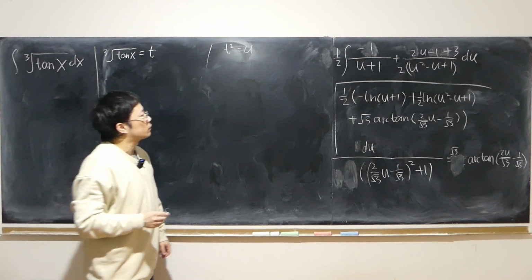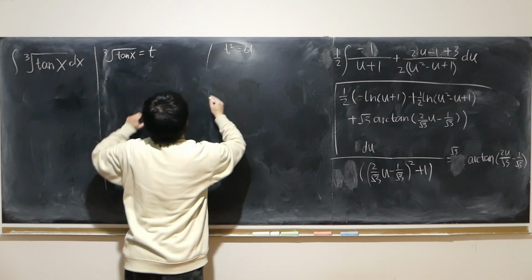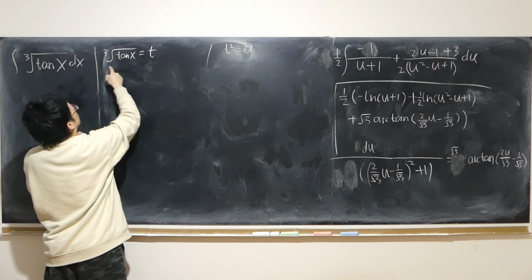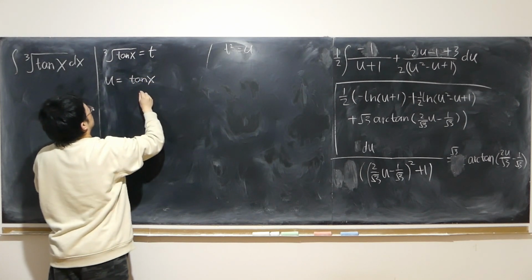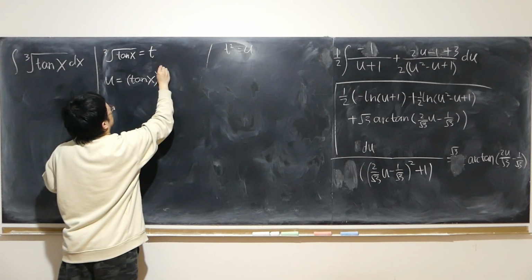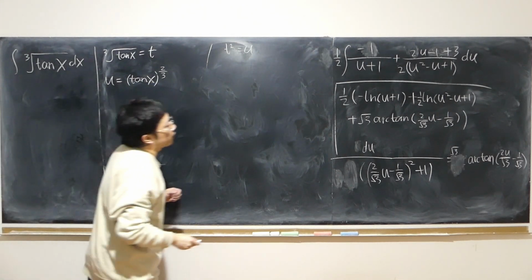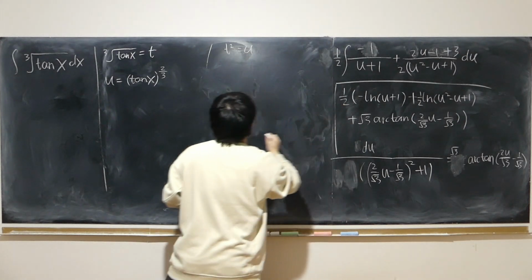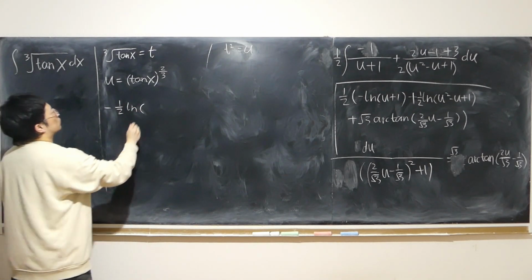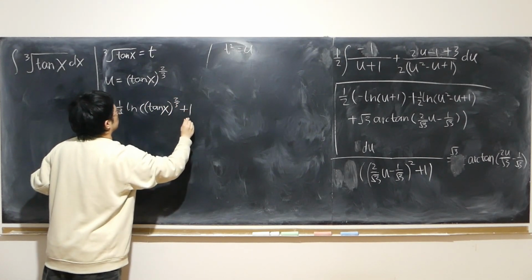Substitute back. Like I said, u is equal to t squared, so u is tangent x to the power of 1/3 squared, which is 2 over 3. So this should be equal to negative half times log of u plus 1, where u plus 1 becomes tangent x to the power of 2 over 3 plus 1.